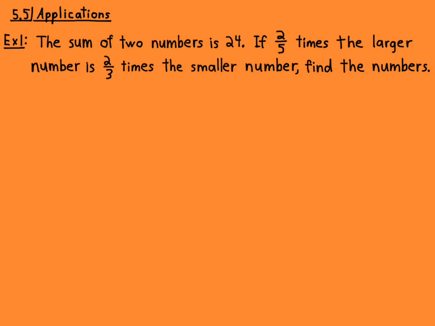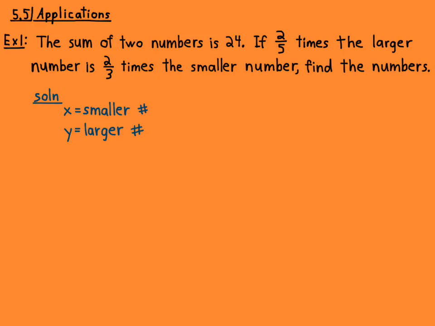Or since the sum of them is 24, you could call one, say, x, and call the other one 24 minus x. But regardless of which way you do it, you should declare your variables. What that means is you write down what variable you're using, and you say right next to it what it represents, what it stands for. In this case, they're just numbers, but they talk about larger and smaller number in the problem, right? 2/5 times the larger number equals 2/3 times the smaller number.